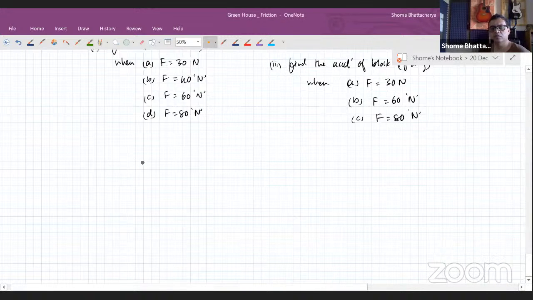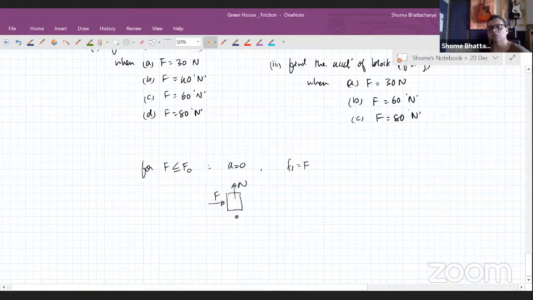So you can see that for F less than or equal to F naught, the acceleration of the block is 0. So what is happening? Static friction is balancing F. Also the normal reaction is equal to the weight, so normal reaction equals mg. From that we understand the normal reaction is 100 newtons.